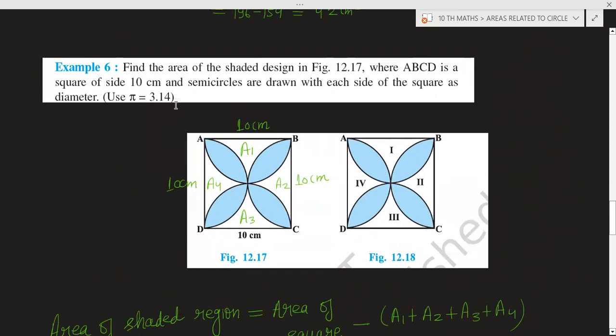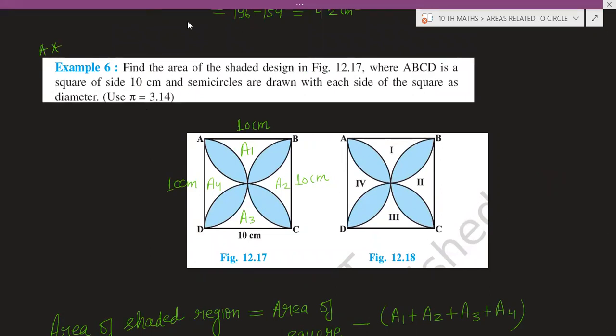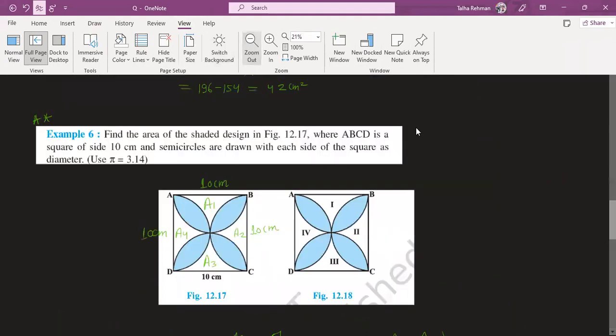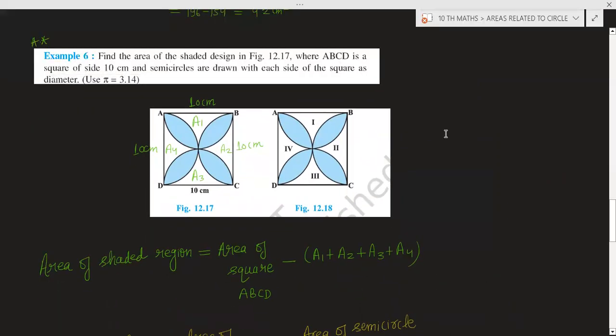Okay, write down. This is a good question. You have to think in this question. Okay, don't draw this figure.